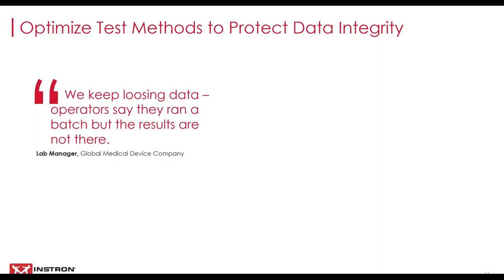We keep losing data. Operators say they ran a batch, but the results are not there. And when I hear this from lab managers, it's very unfortunate because this should really never happen. This is very easily preventable. It's just a matter of setting up certain safeguards within the software. So here are my tips.